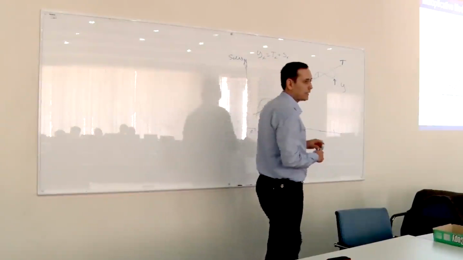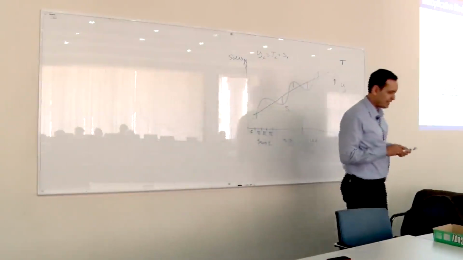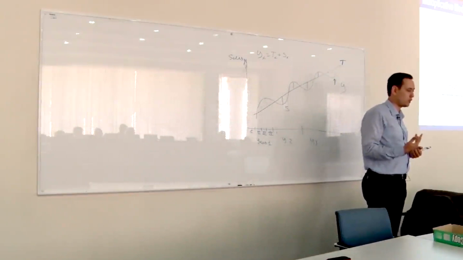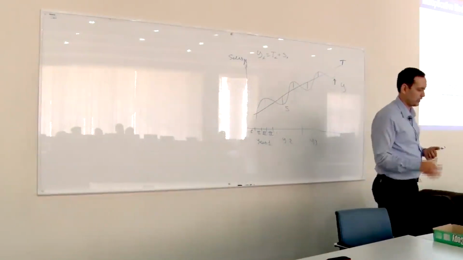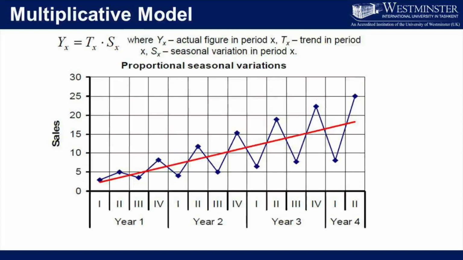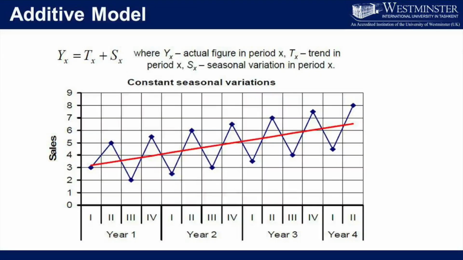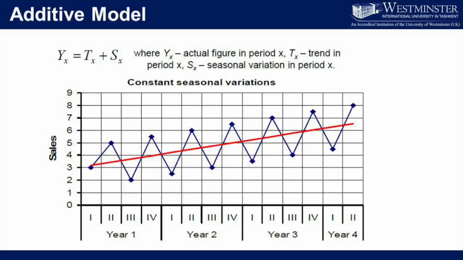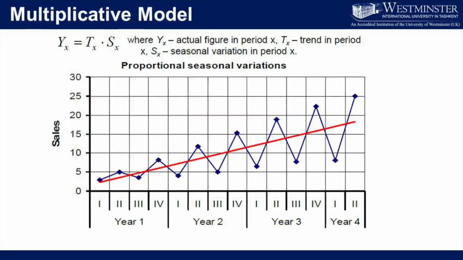All right? Now, can you guys see the difference between the additive model and the multiplicative model, the way it looks in the graph? What is the difference? This is additive, and this is the multiplicative model. The beginning is bigger here.